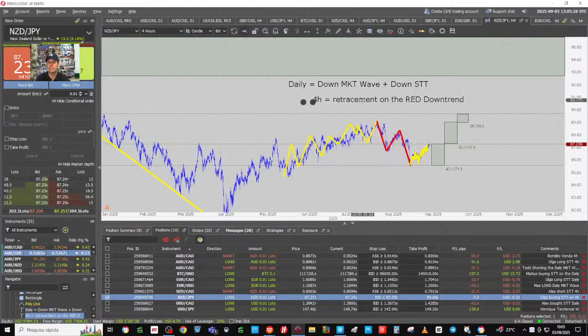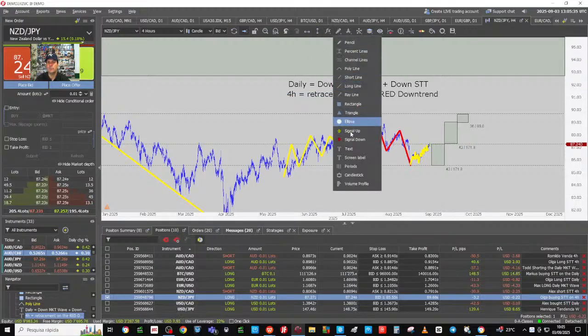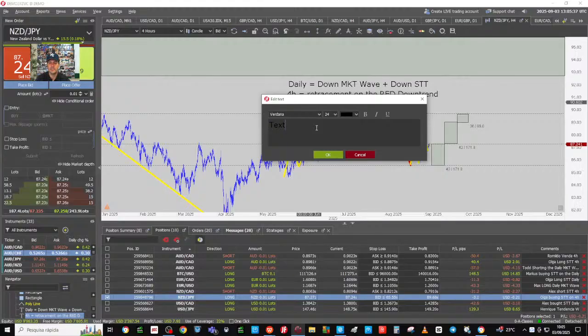Okay, what's the probability of this trade being a success? Okay, in other words, who is going to win 7 times out of 10?